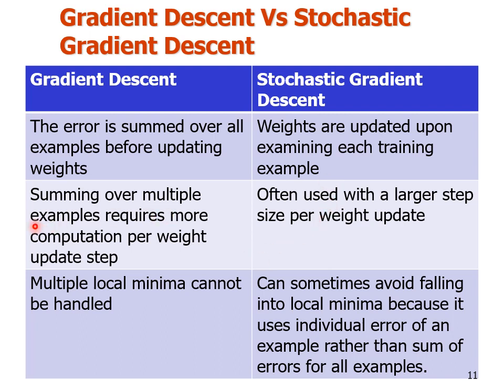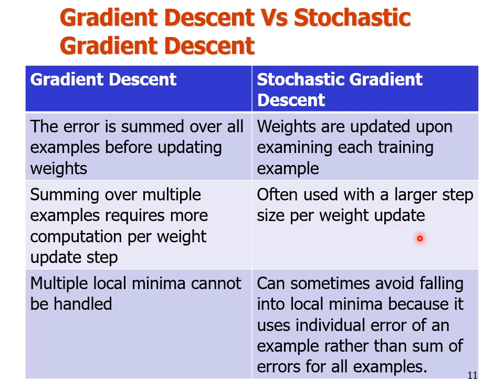The next comparison is that in gradient descent, summing over multiple examples requires more computation per weight update step. Stochastic gradient descent is often used with a larger step size per weight update.